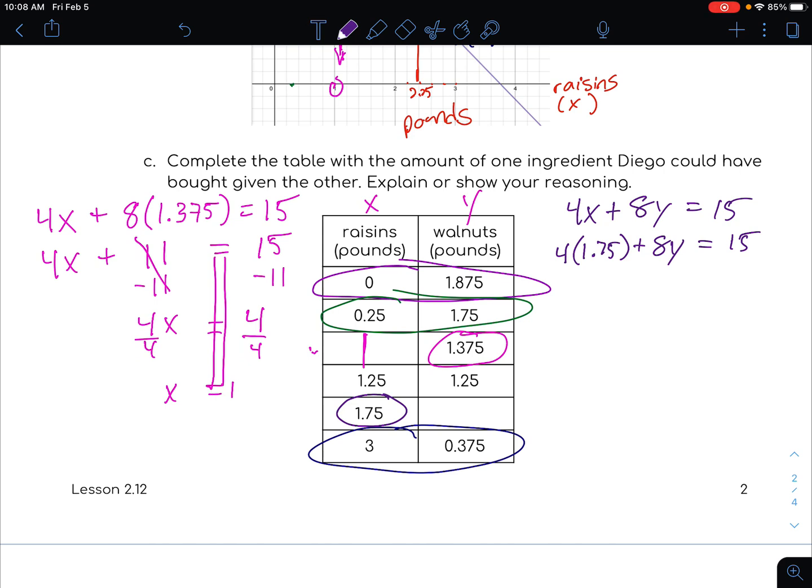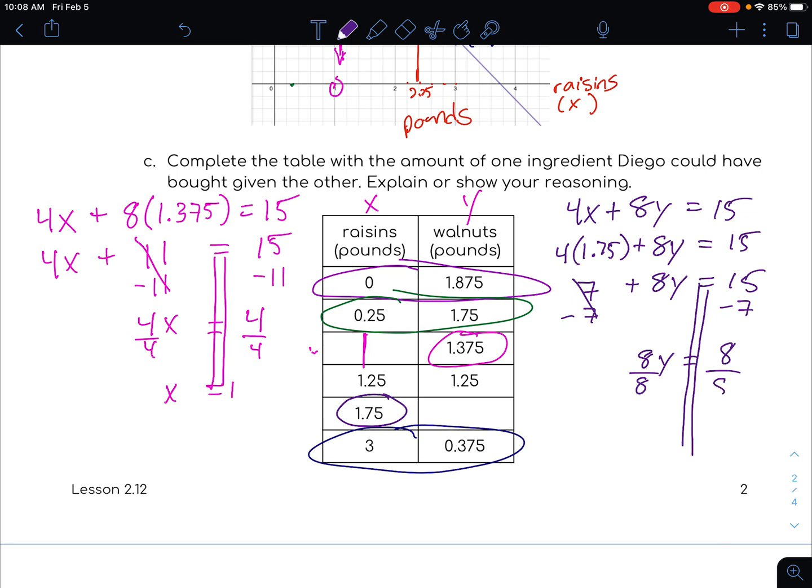All right, so 4 times 1.75, my calculator might still be updating, but I've got that, so 4 times 1.75 is 7. So 7 plus 8y is equal to 15. Let's go ahead and solve that for y. Get y by itself. So we'll undo that positive 7 by subtracting 7 from both sides. That leaves me with 8y is equal to 15 minus 7 is 8.